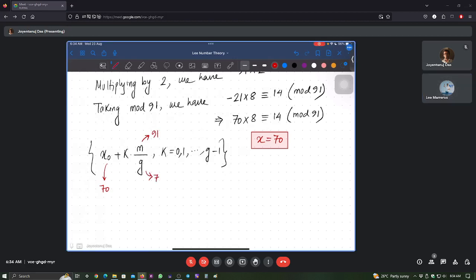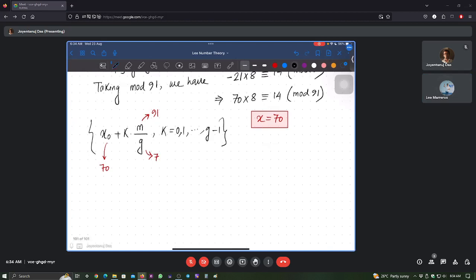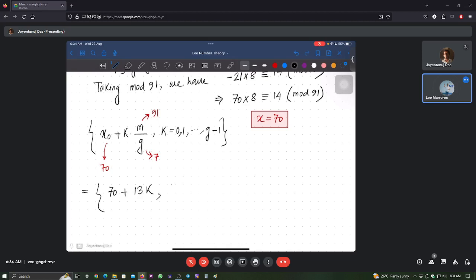So m divided by g is 13. So the solutions are 70 plus 13k, where k equals 0, 1 up to 12.